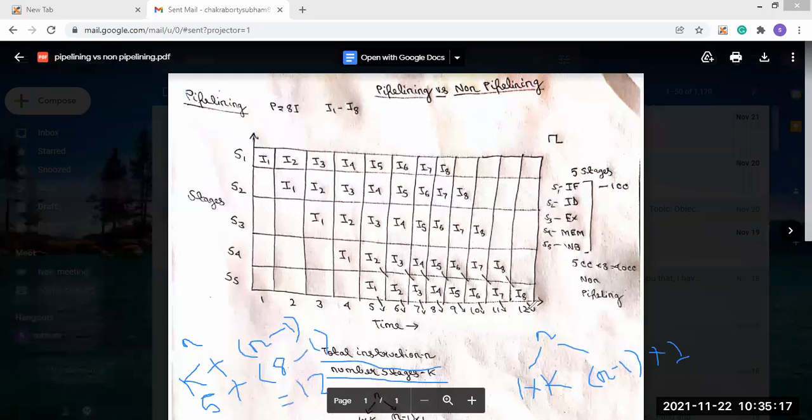Whereas we have seen that with the non-pipelining architecture, we require a total of 40 clock cycles to execute this whole program. So in non-pipelining we require many more clock cycles, but in pipelining we executed the total program in fewer clock cycles.